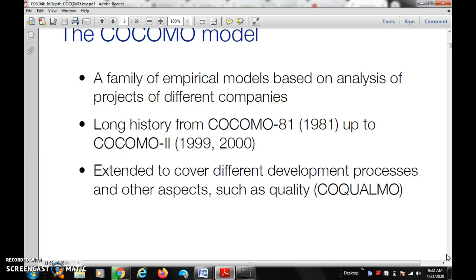COCOMO 81 was invented in 1981, up to COCOMO 2 in 1999-2000. This is the long history of COCOMO from 1981 to 2000. It is extended to cover different development processes and other aspects such as quality, cost effective quality model.